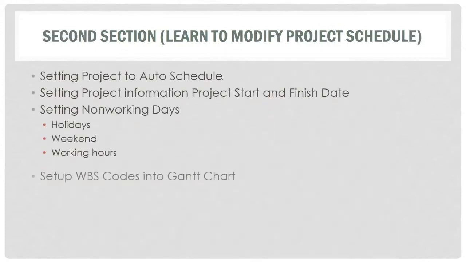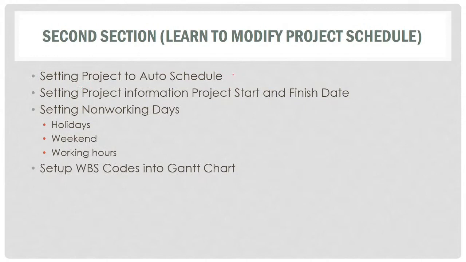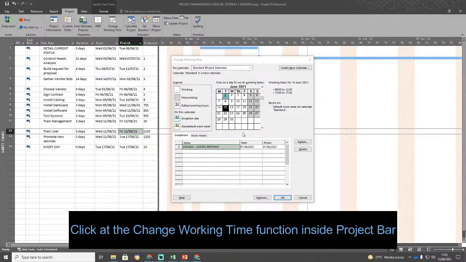Here we have to learn how to set the project to auto schedule, setting project information from start to finish date, and then how to set the non-working day. These are a few of the things that you can change in the non-working functions. I will show this after, and how to set the WBS.